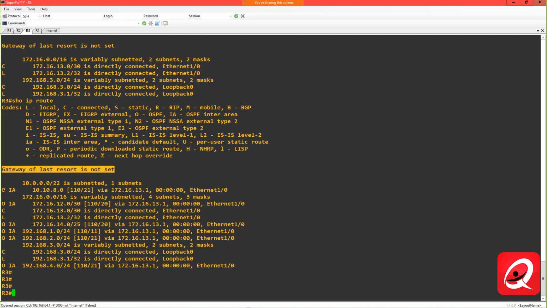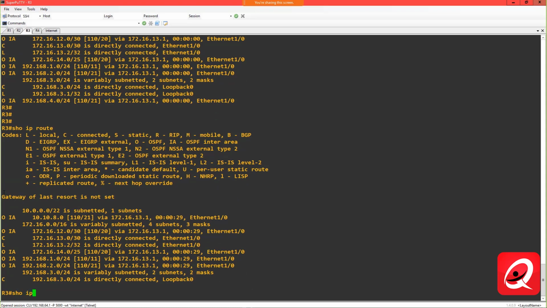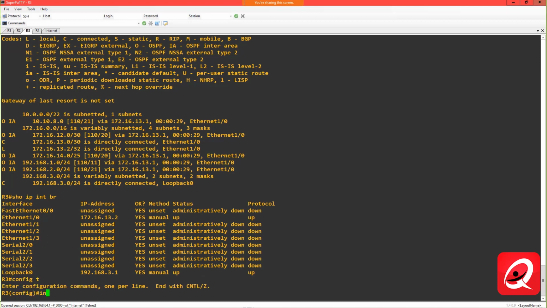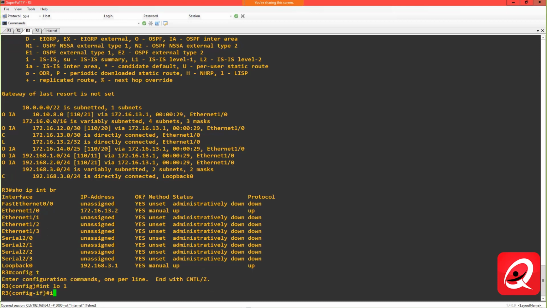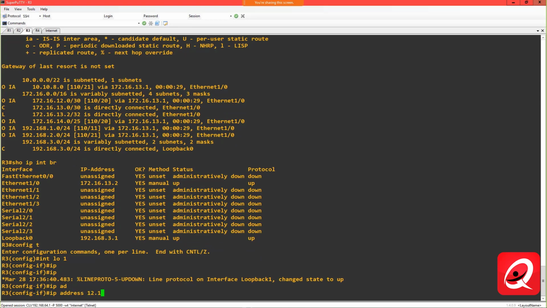So let's go ahead and set up this guy as an ASBR, show IP route, show IP interface brief. Let's just create a loopback: config t, interface loopback 1, IP address 12.12.8.1, 255.255.255.0.